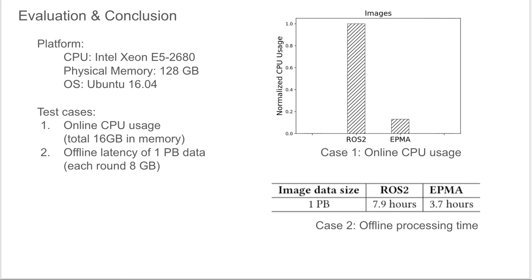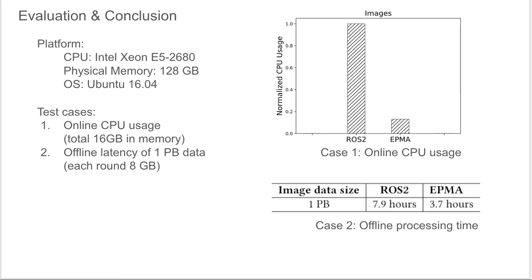The result of case one shows that for the online CPU usage, the EPMA method is able to reduce the CPU usage by more than 80%.